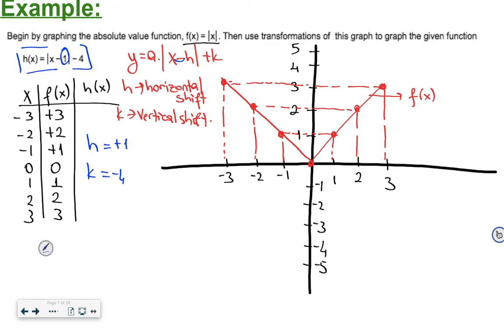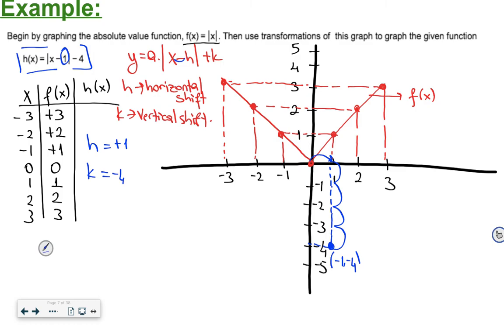Let's start from the vertex. This point is going to move 1 unit right and 4 units down: 1, 2, 3, 4. So your new vertex, which belongs to h of x, will be negative 1 and negative 4. As I told you, each point is going to move 1 unit right, 4 units down.